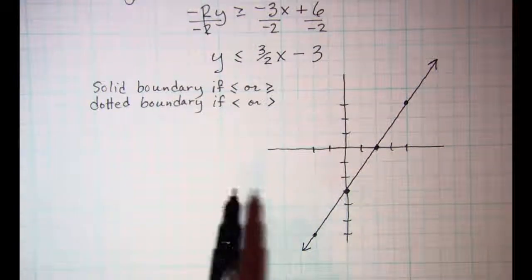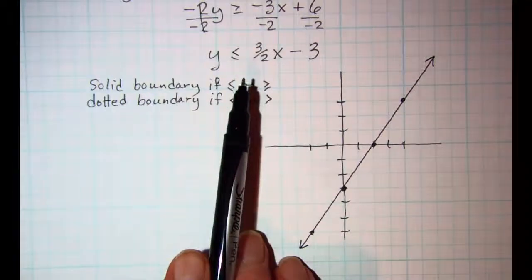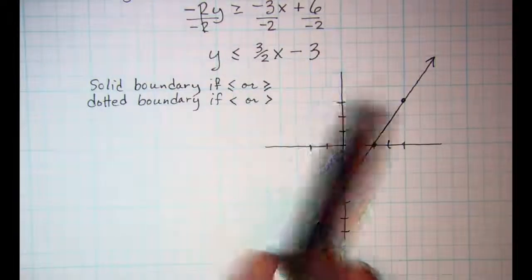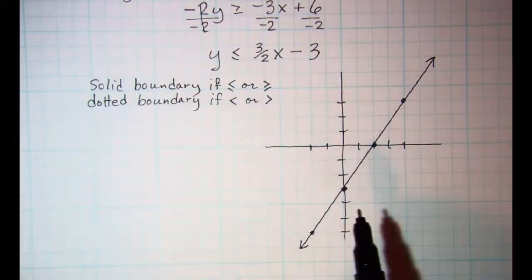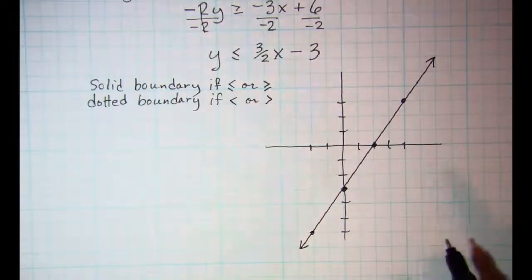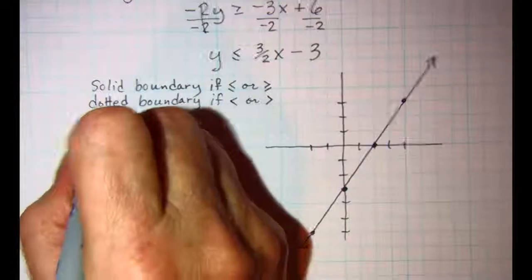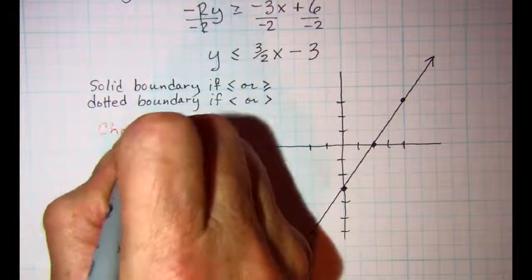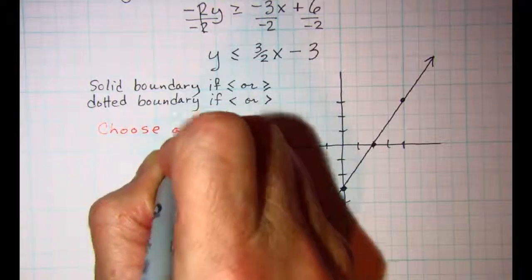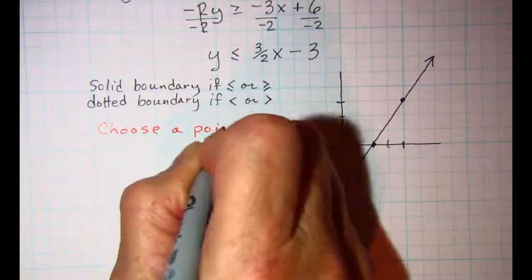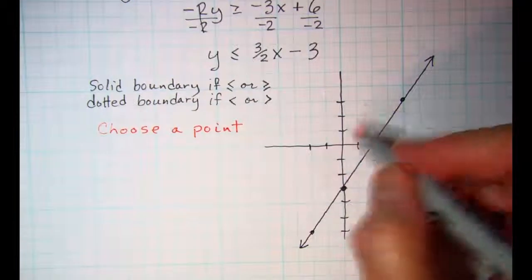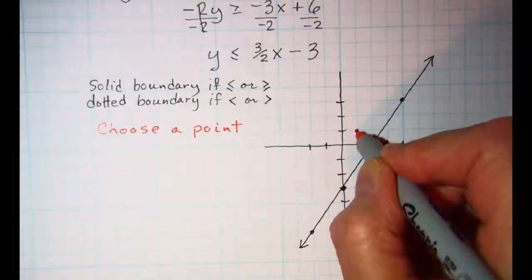And then, whenever we have an inequality, we need to shade one side or the other of this line. One way to do that is to pick a point. So I'm going to choose the point 1, 1.